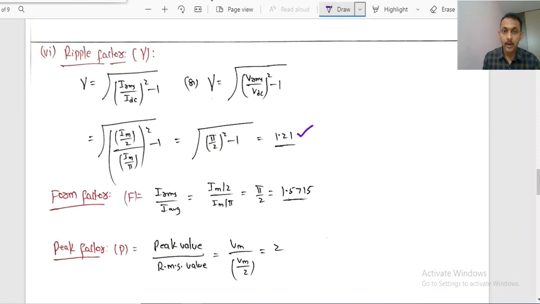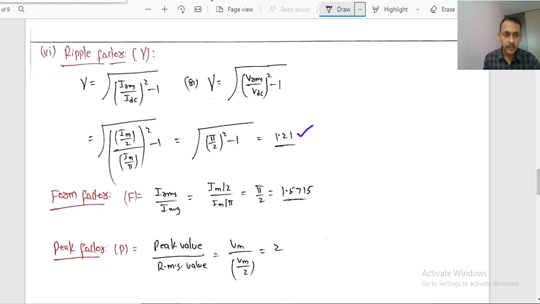So gamma equals square root of (VRMS by VDC) whole square minus 1, or IRMS by IDC whole square minus 1. The RMS value we have derived as Im by 2, the IDC value Im by pi. If you substitute that, we will get 1.21 as the ripple factor.